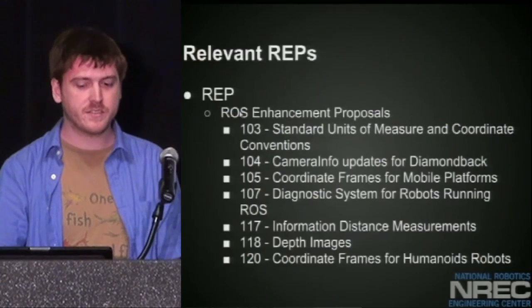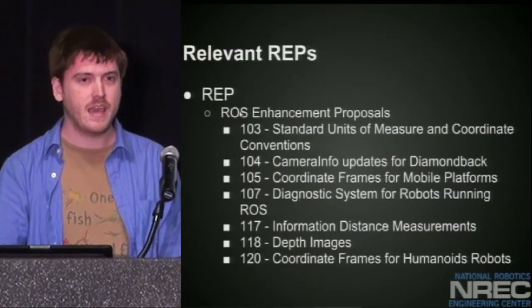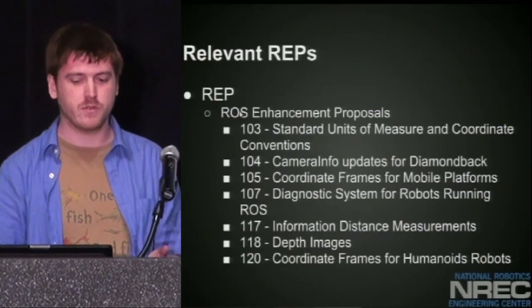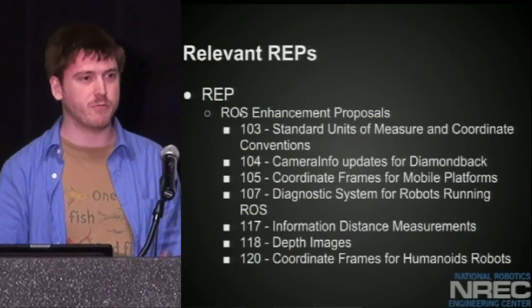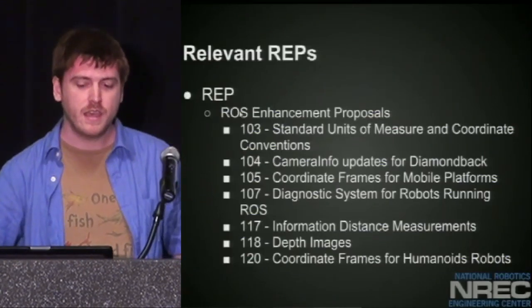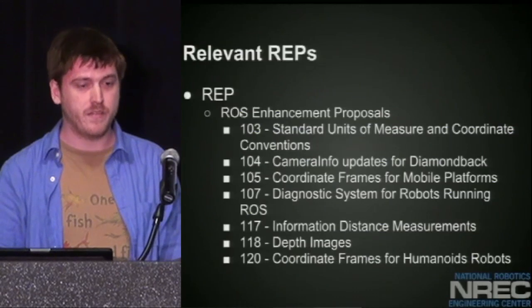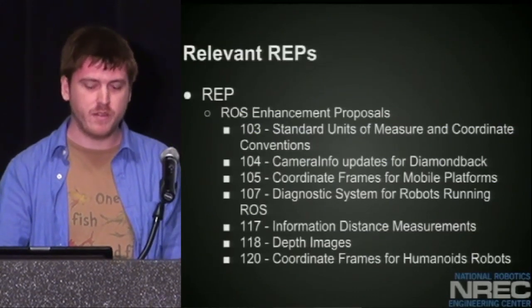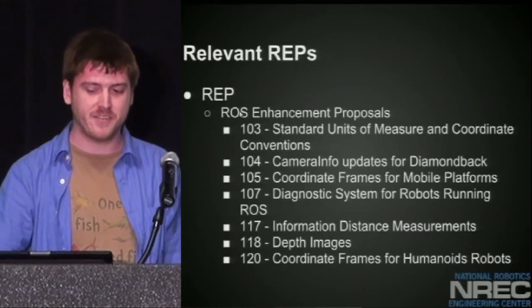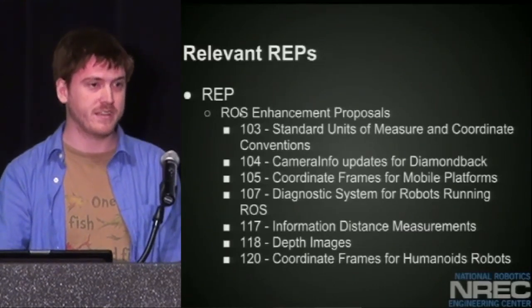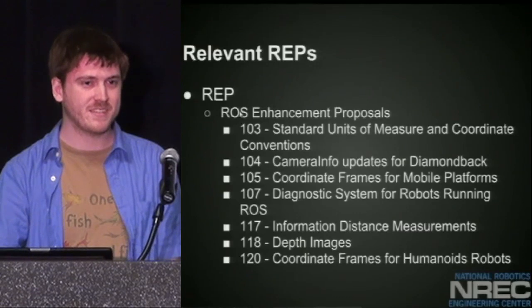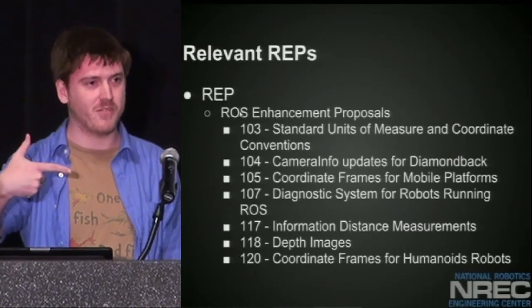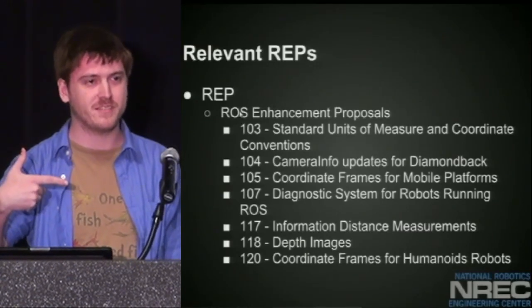So there are these things called ROS enhancement proposals, and these are sort of standards or collections of good ideas that we've documented and put out. And there are a lot of these that are relevant to hardware drivers. One of the most important ones for me is standards of unit and measure and coordinate conventions, because if your driver reports in a wrong frame, that can be very confusing for the rest of ROS.